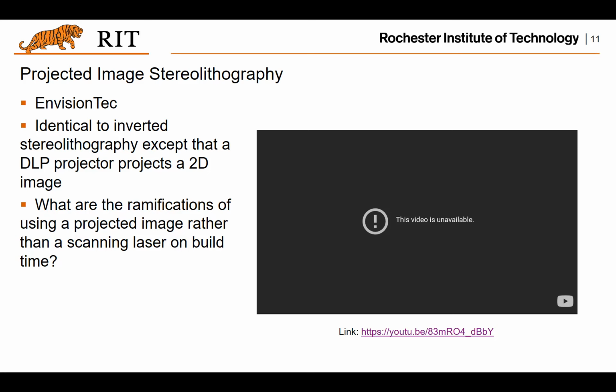model if we use the projection to cure the resin. But for laser, although there's still a limitation for the spot size, you cannot print any features smaller than the spot size of the laser, we can make the laser spot size very, very small.